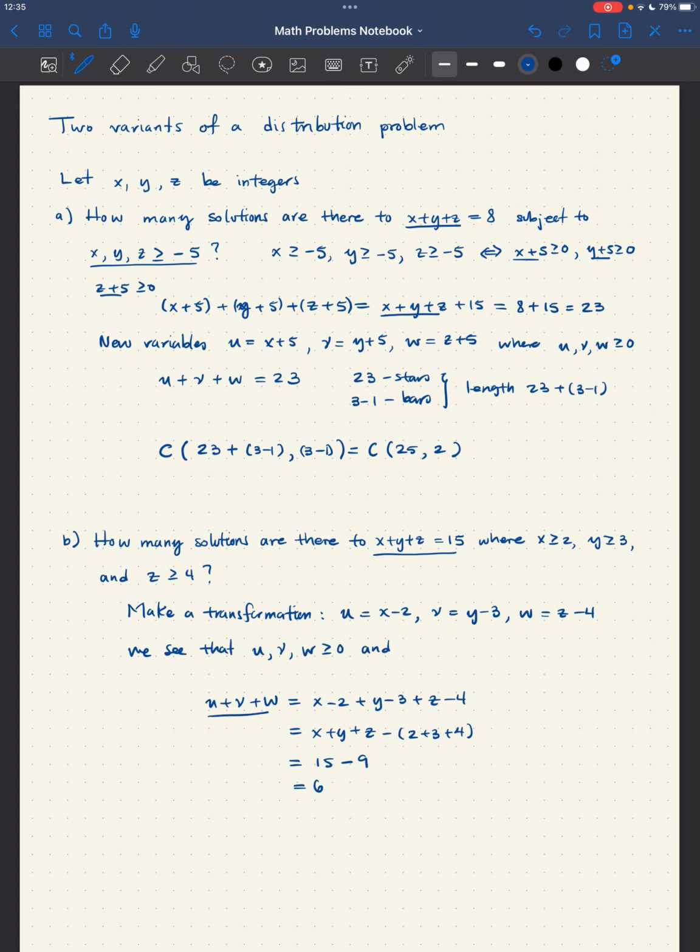Okay, so now I look at my equivalent equation, which now is among 3 individuals.